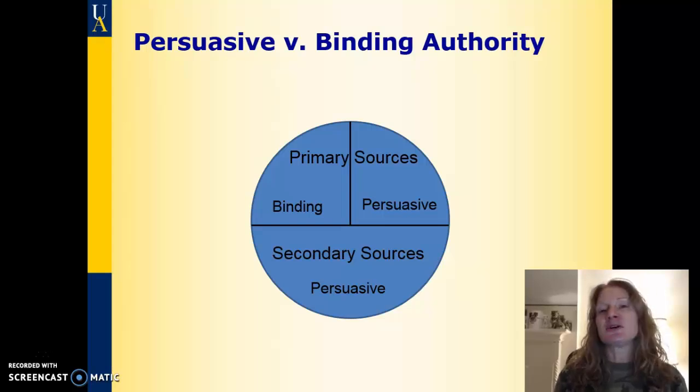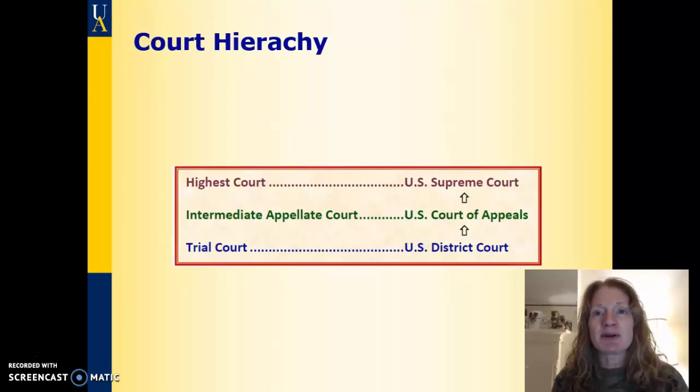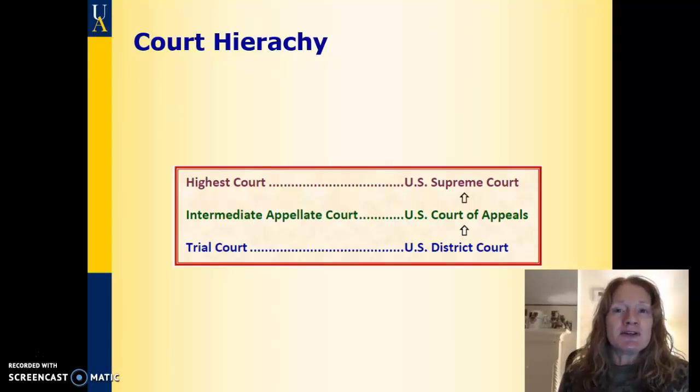In general, statutes are usually binding if they're the current statutes in force. Cases can be persuasive or binding, which we're going to get into now, but it requires a bit of background explanation on the court hierarchy. Let's start with the trial court. At trial, both sides present witnesses to try to get to the truth, and a trier of fact, a judge or a jury, makes the decision.